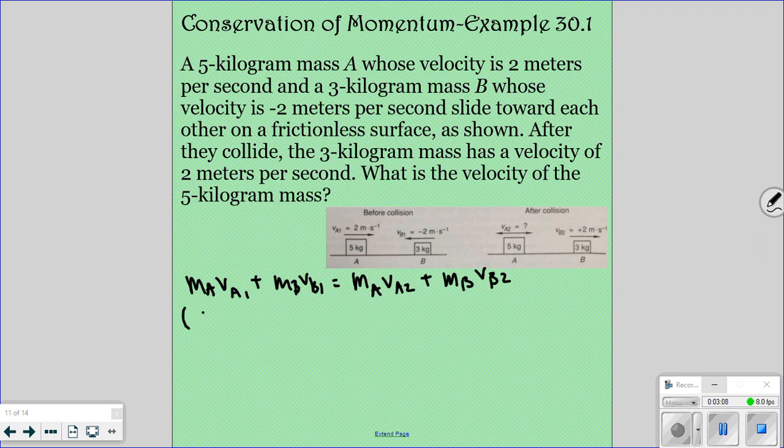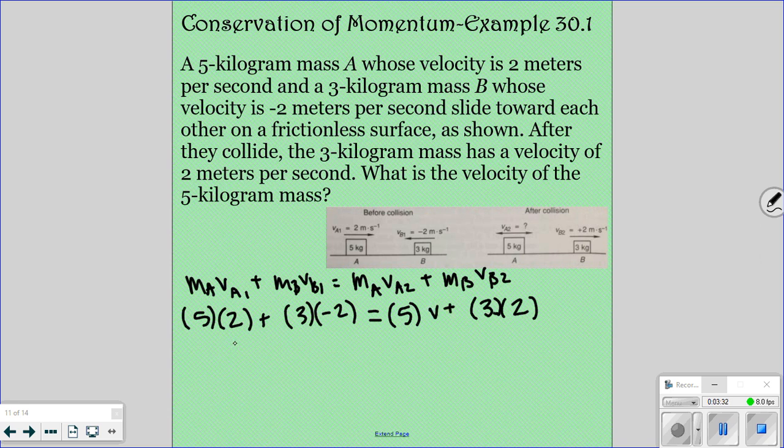So we have a 5 kilogram mass with a velocity of 2 and a 3 kilogram mass with a velocity of -2, and it's negative because it's going in the opposite direction. After they collide, the 3 kilogram mass has a velocity of +2, and we want to know what is the velocity of the 5 kilogram mass.